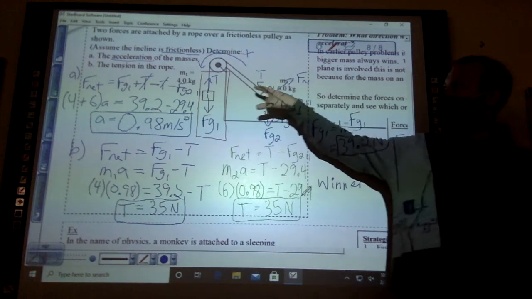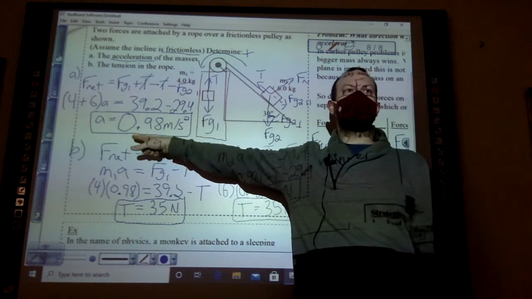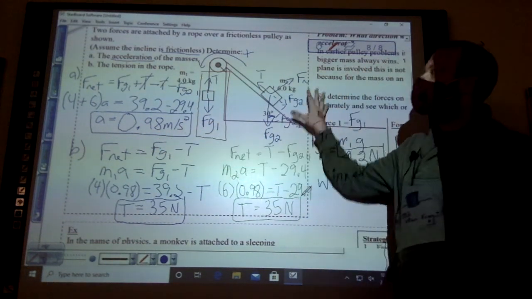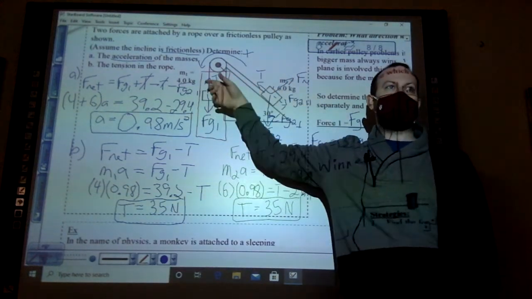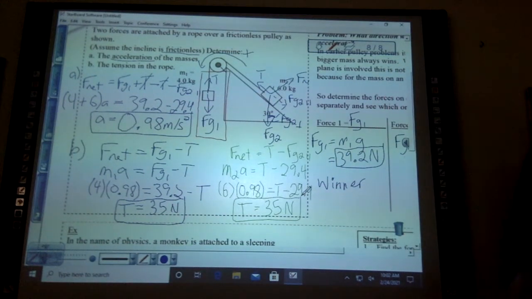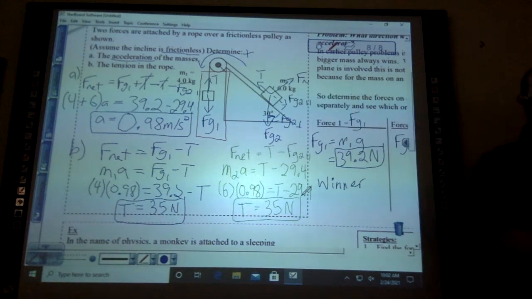Yes, this does have an effect on what happens here. That's taken into account with the acceleration. Once I have that, I don't care about the forces here. I can just deal with what's happening here. So this does affect it, but it affects it when we're looking at the whole system, not just the single system.